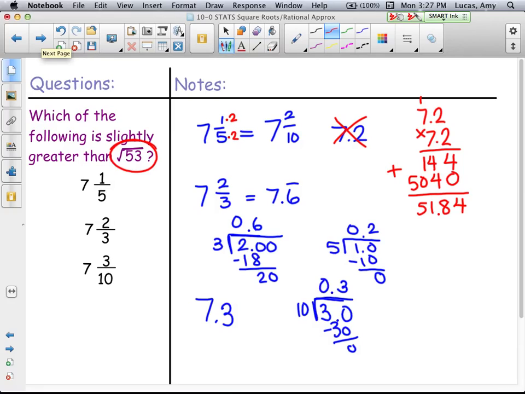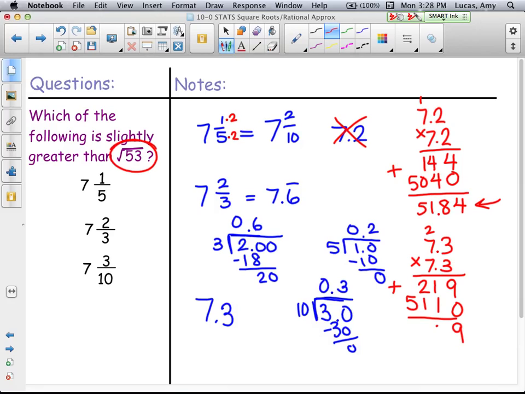So now I try a different one. So let's try 7.3. Because 7.6 is a lot bigger, and I wasn't that far away. I was almost at 52. 3 times 3 is 9. 3 times 7 is 21. Move over. 3 times 7 is 21. 49 plus 2 is 51.